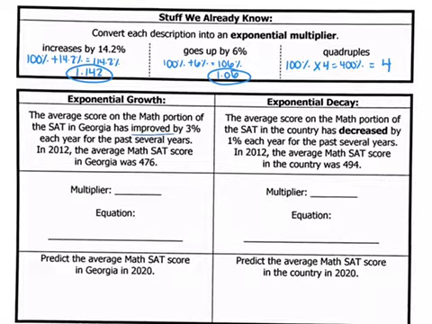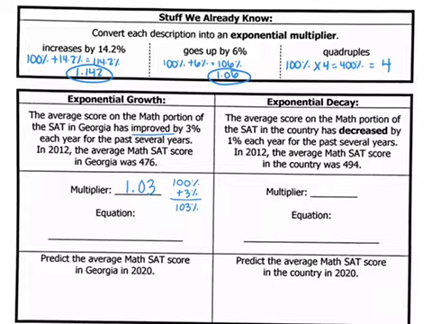In 2012, the average math SAT score in Georgia was 476. We want to start by finding the multiplier. Remember, that would be 100% plus the 3%, giving us 103%, and as a decimal, 1.03.